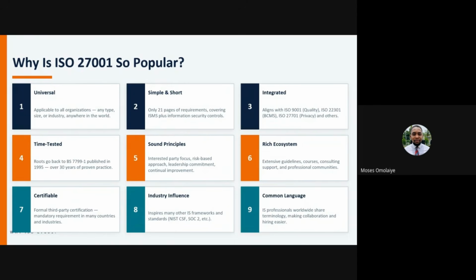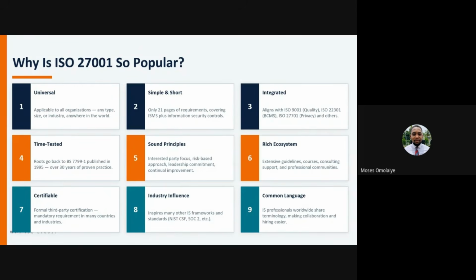And then it's a rich ecosystem. It has extensive guidelines, courses, there's consulting support everywhere you look. Even companies like ours at Mitigate, we do all of that. And there are professional communities, some of which I belong to. And then it's certifiable, like I said. So there are organizations that assess and certify organizations to ISO 27001, of which we are also drivers as a company, Mitigate.